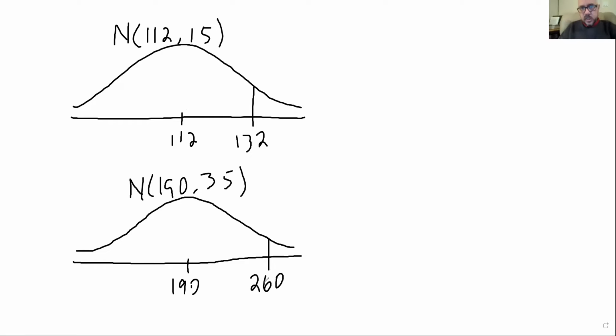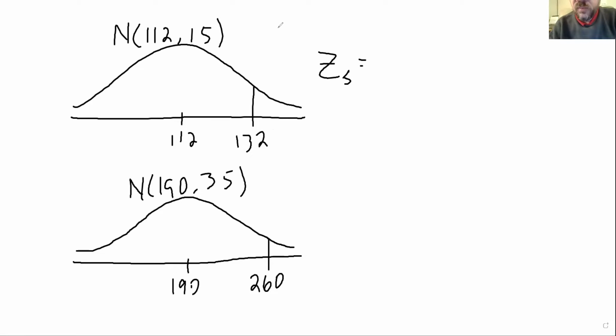So let's see here. Let's call her Sophie. Z sub Sophie is, so it's x minus mu over sigma. So x is the observation. In this case, it's 132. It's the thing that we're trying to find how far away from the mean it is.